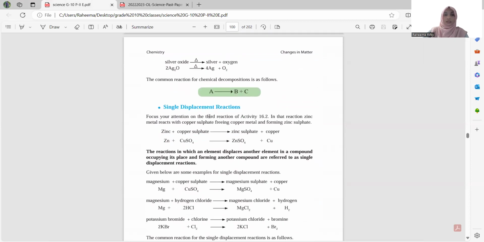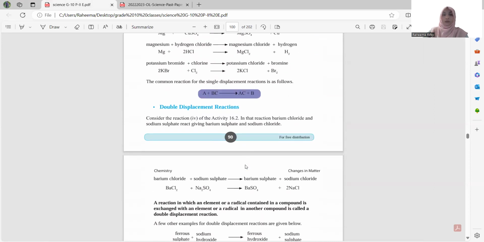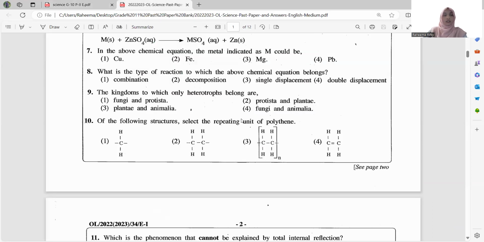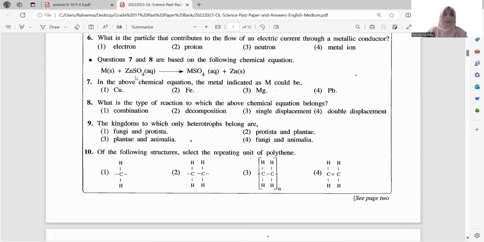Single displacement means one element is displaced and moves out; you can take it from the words there. Double displacement means in 2 compounds, 2 elements are displaced. These are the examples that we have in the syllabus. According to this knowledge, we can see only one metal has been displaced, so this is definitely a single displacement.